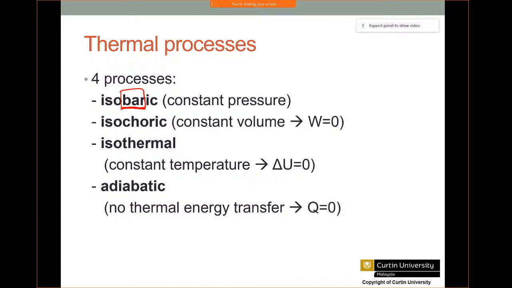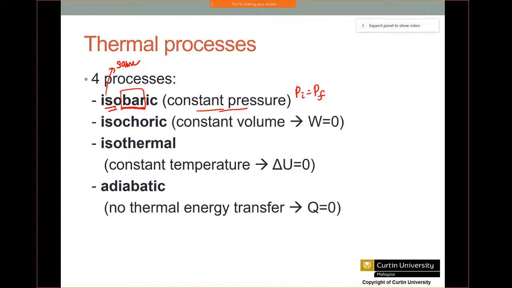Bar is also an American unit of pressure measurement. ISO means same, so same pressure. If it is an isobaric process, the pressure remains the same. Initial pressure equals the final pressure.